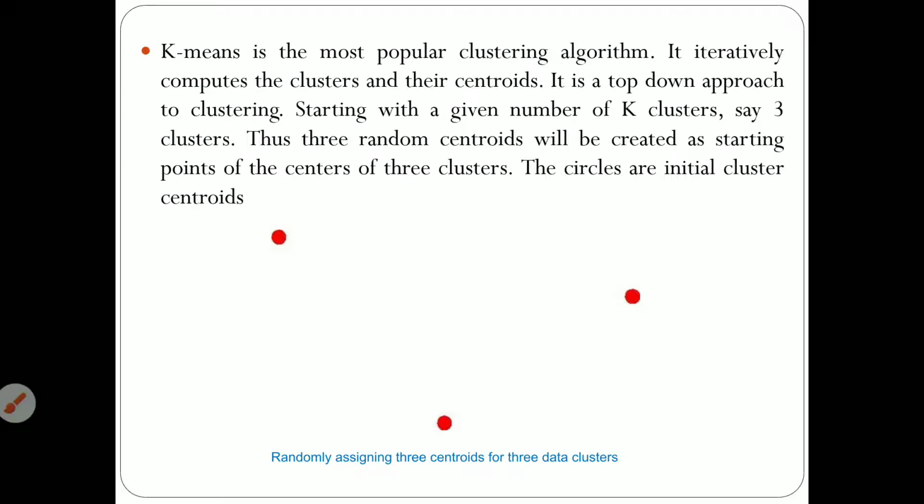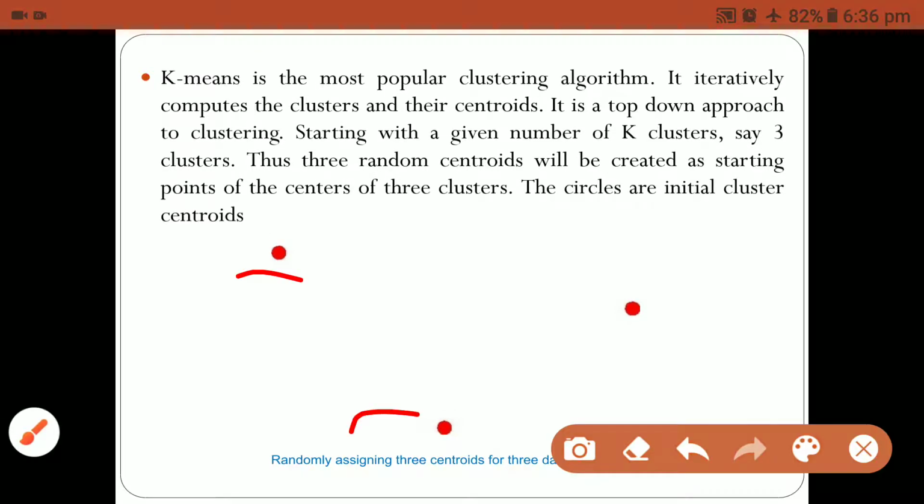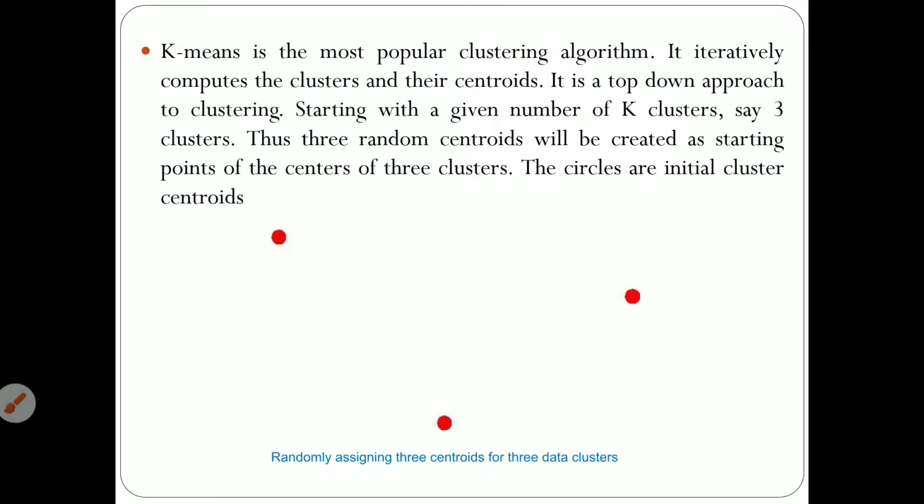In the k-means algorithm, the first step is randomly assigning the three centroids, three data clusters. Here, for the data points, the distance values to each of the three centroids will be computed. So these are centroids 1, 2 and 3, and the data points will be assigned to the cluster with the shortest distance centroid.